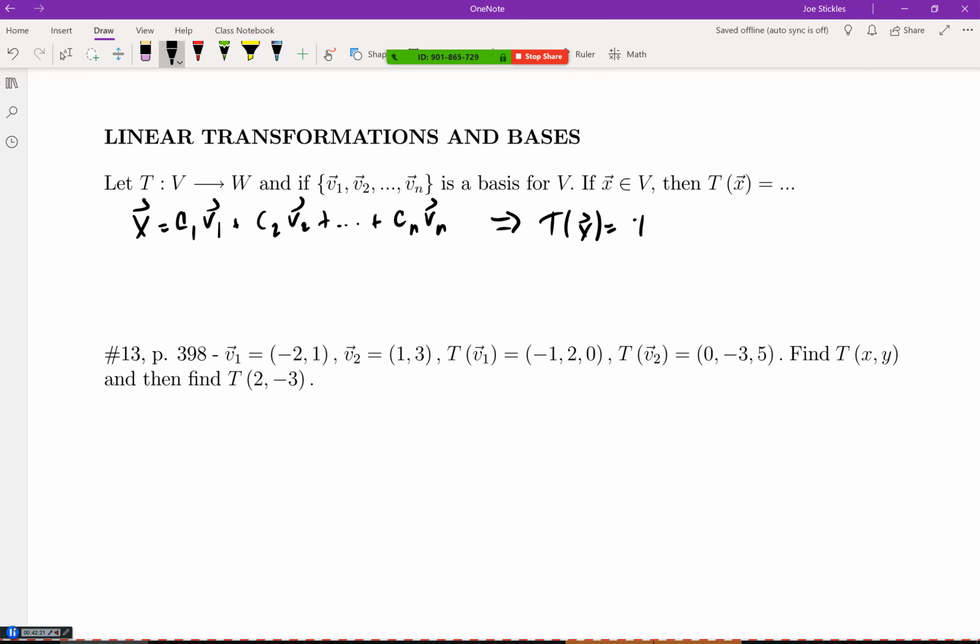Well then, if I just plug that linear combination into the transformation, then by the properties of the transformation, I can split the transformation up over the sum and pull the constants out.